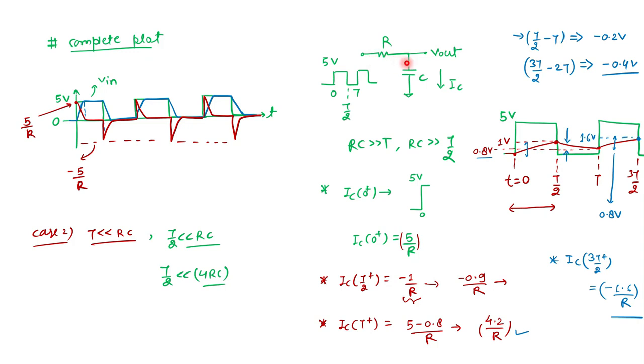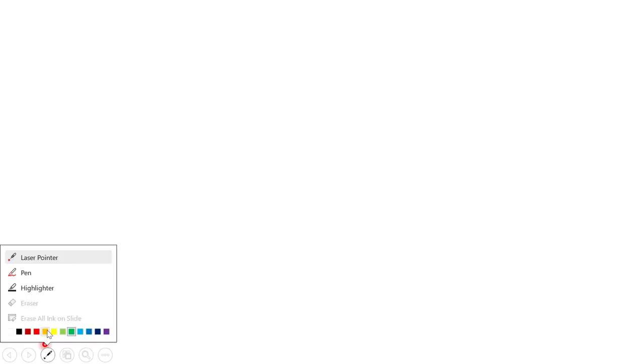So the current present there is 4 by R, but it will be negative because no excitation is applied. My capacitor, whatever value it has reached, 1 volt, will start pushing this voltage back. What I mean to say, I should tell you clearly.